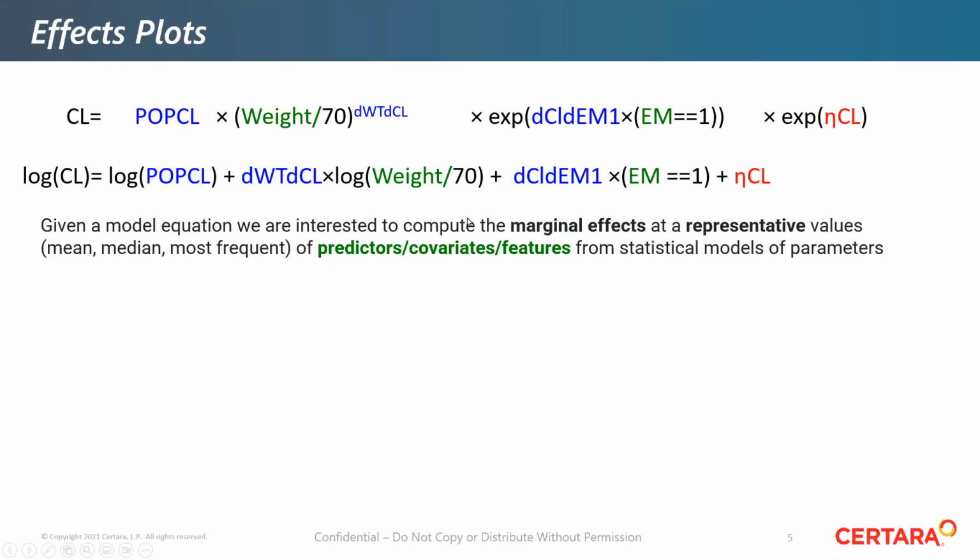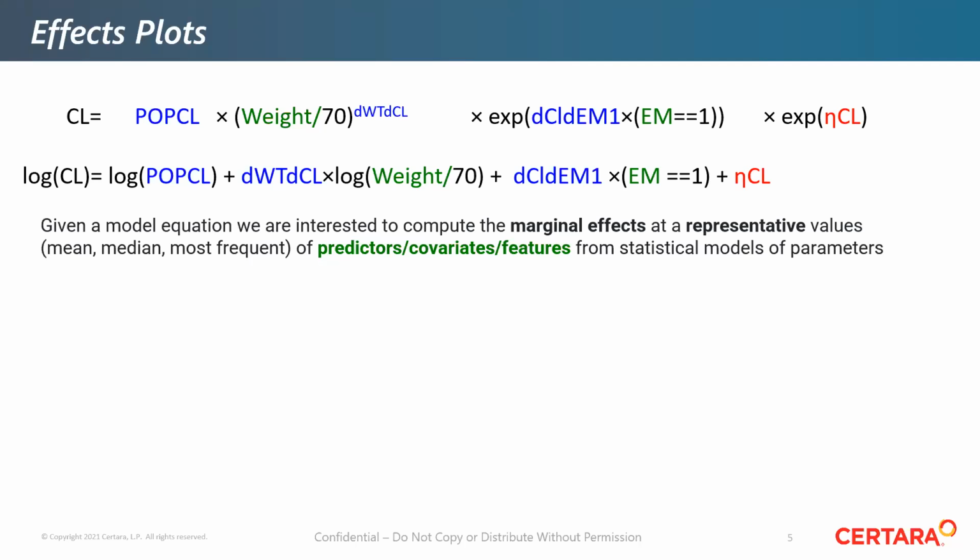Okay, so what are effects? That's, I would say, common in statistics. And I will show an example of how to generate effects in R before going into a pharmacometrics application. So given the model equation, we want to compute marginal effects. And marginal can mean something different depending on the field, depending on the model, but you will see later in this talk what I mean.